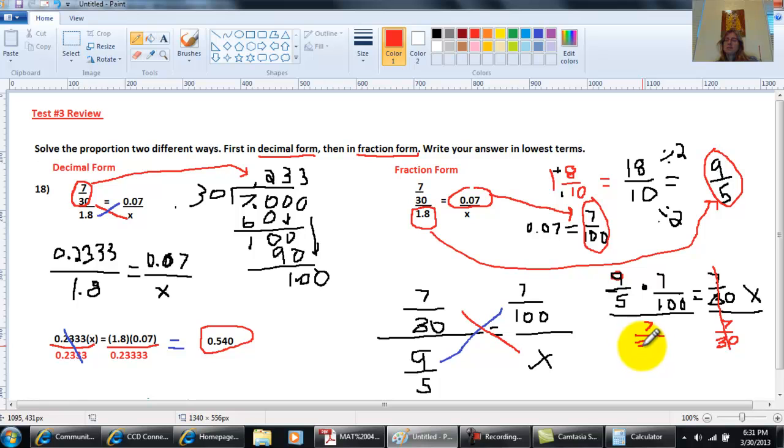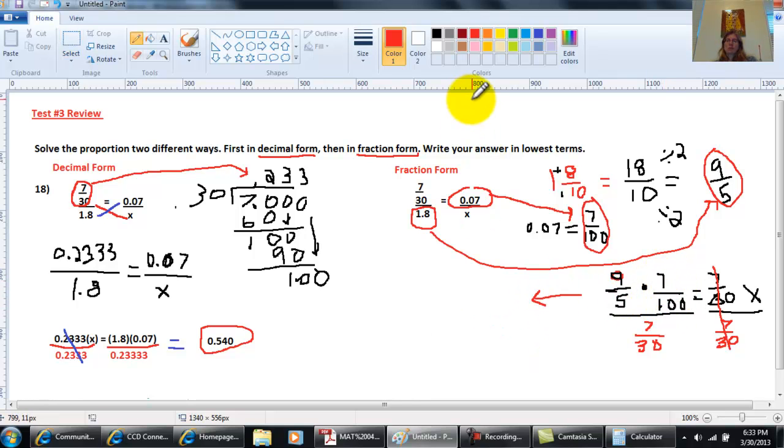So let's make it simple. Let's simplify this numerator first. So 9/5 times 7/100ths then becomes 63/500ths.